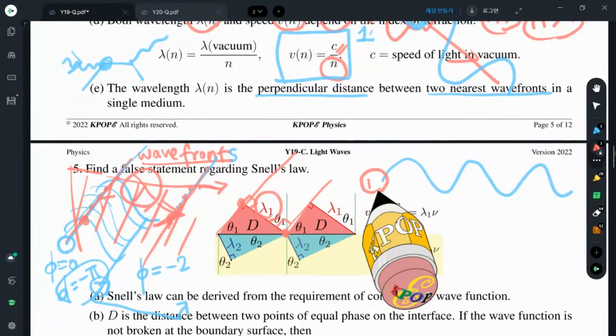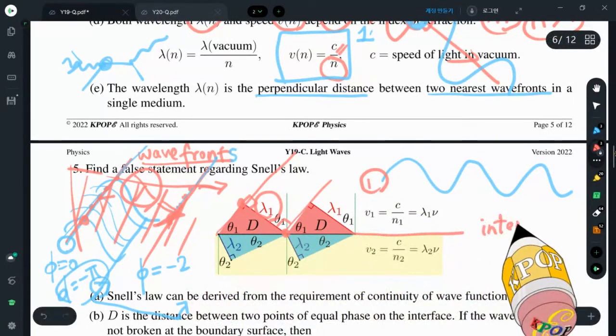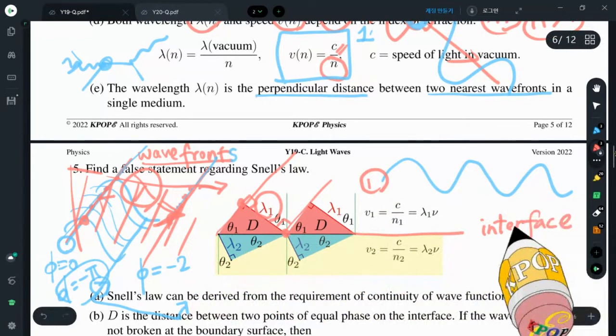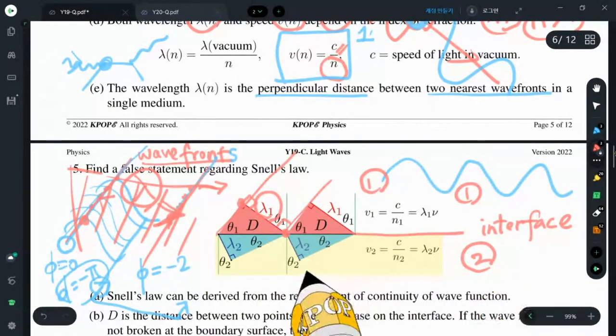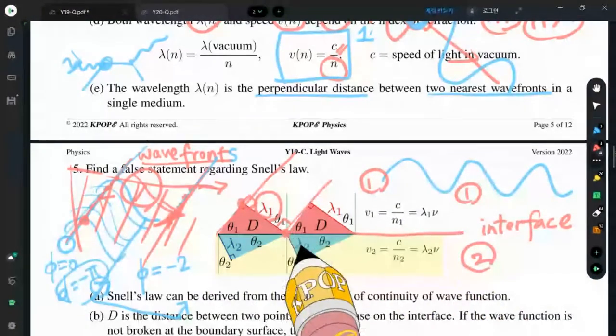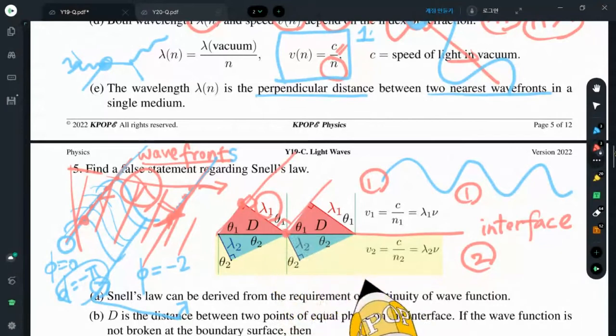In a similar manner, this is the interface between medium 1 and medium 2. If it is going straight, then the speed should be the same.